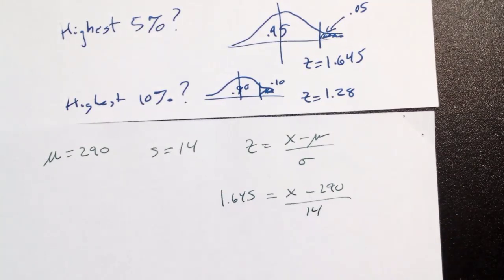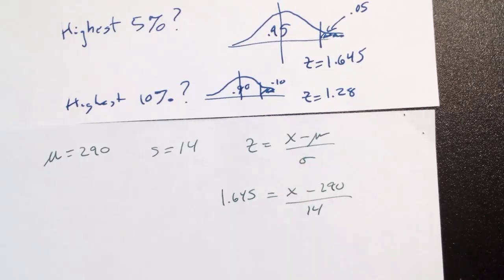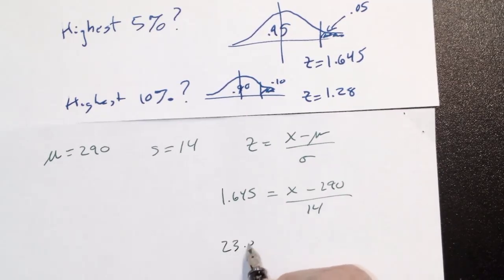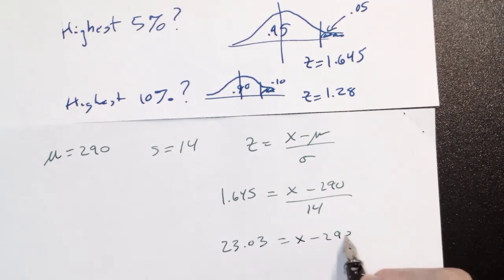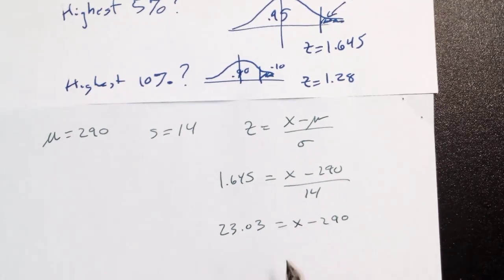Now you just have to solve for X. Which means the first thing you do is you cross multiply by 14. 1.645 times 14 is 23.03. I add the 290. And I get 313.03. So the highest calorie Egg McMuffins have a calorie count bigger than 313 calories.